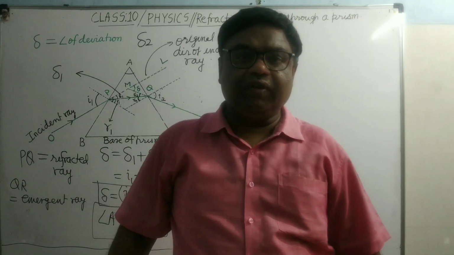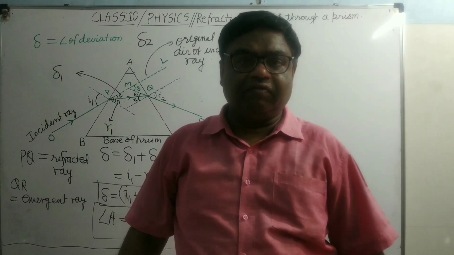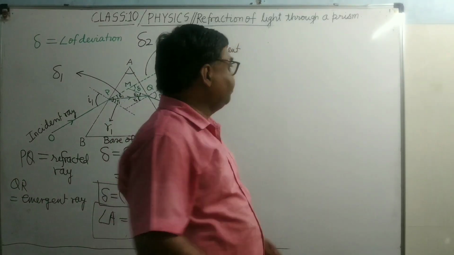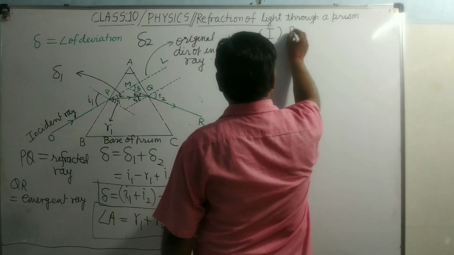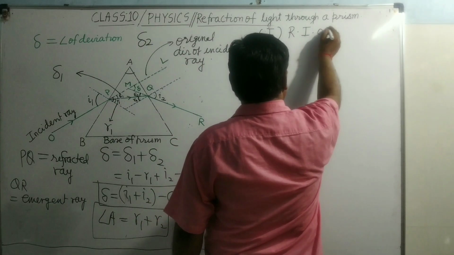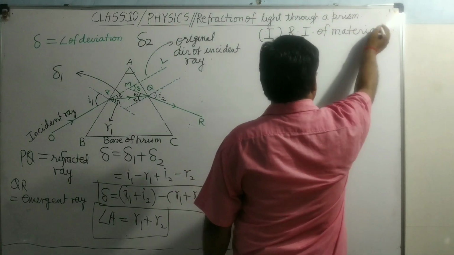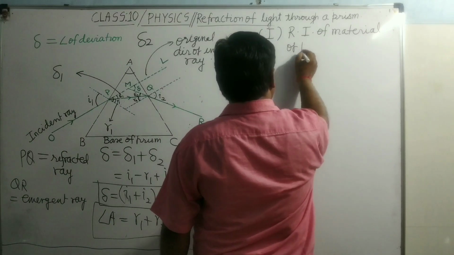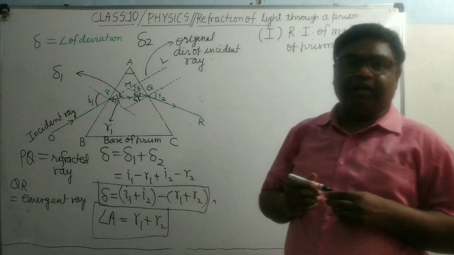Now today we will see the factors on which the angle of deviation depends. The first factor is the refractive index of the material of the prism. As we know, refractive index is the measure of bending.